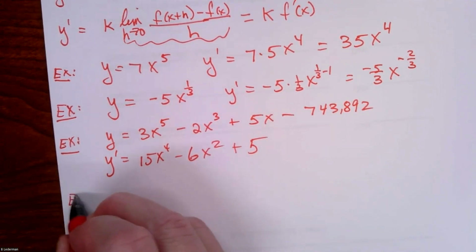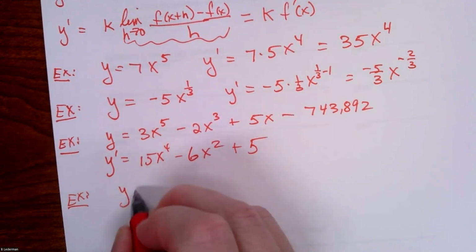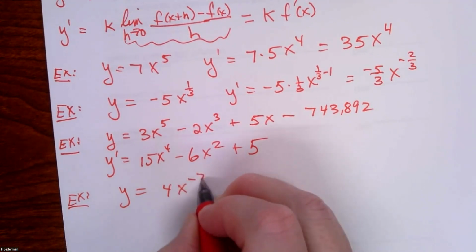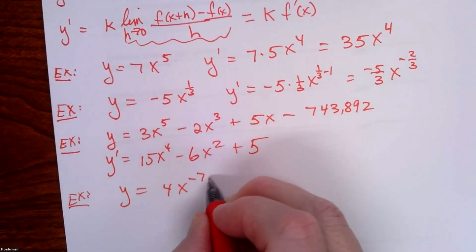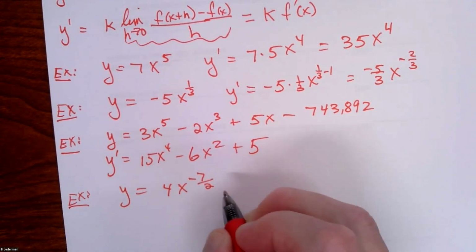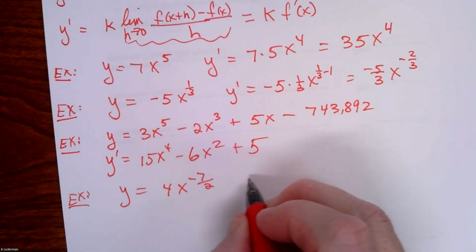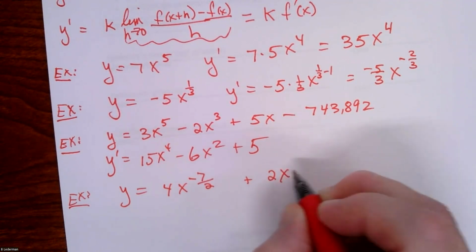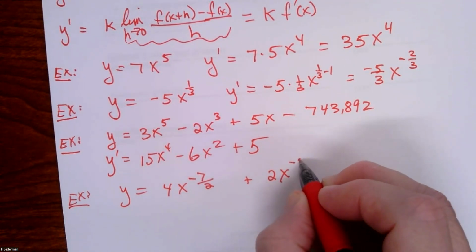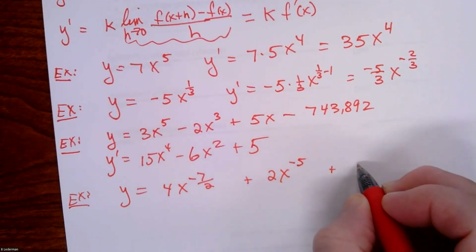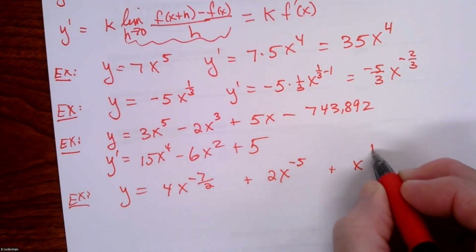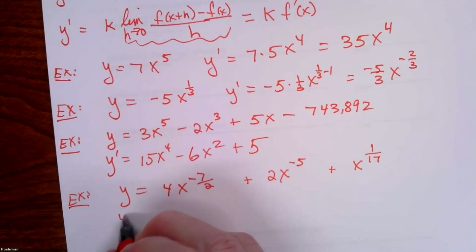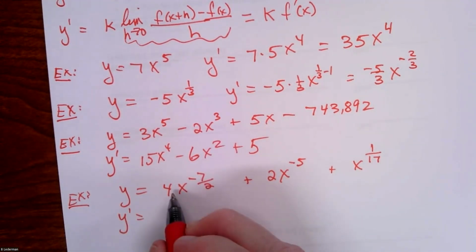Suppose we have y is equal to 4x to the negative 7 halves plus 2x to the negative 5 plus x to the 1/17. Okay, well, y prime is going to be the negative 7 over 2 times 4.